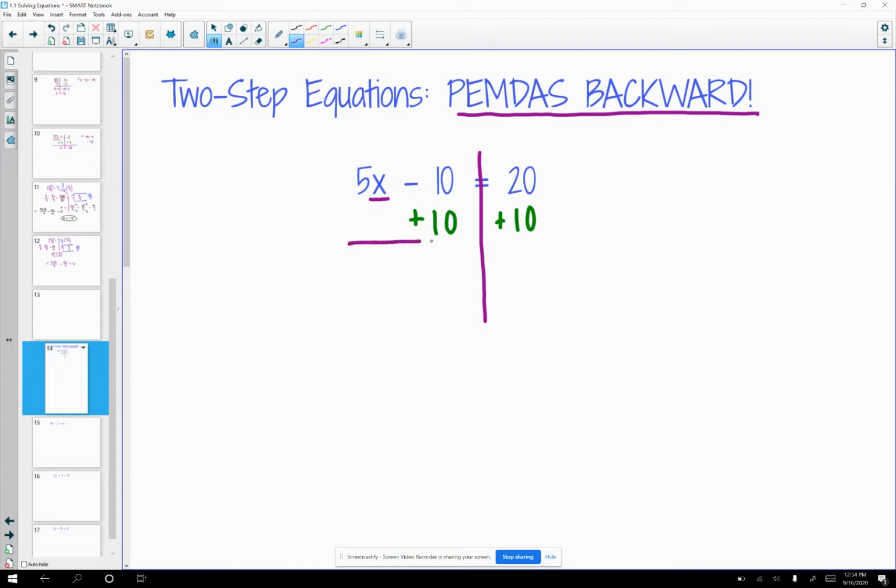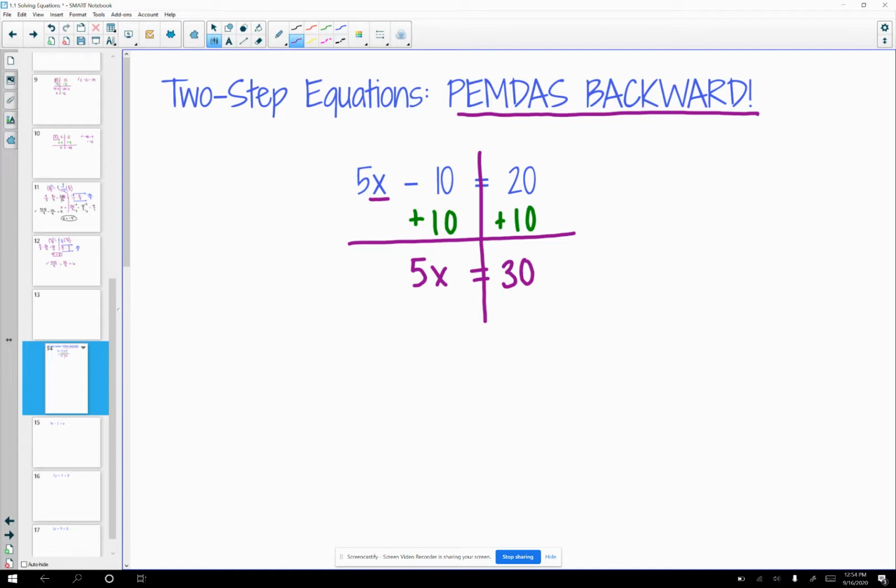Now, when I add 10, I am left with 5x on the left, and on the right side, I now have 30. And now, it looks like the equations we were doing in the last video where I just have one step left, and right now I have 5 times x.